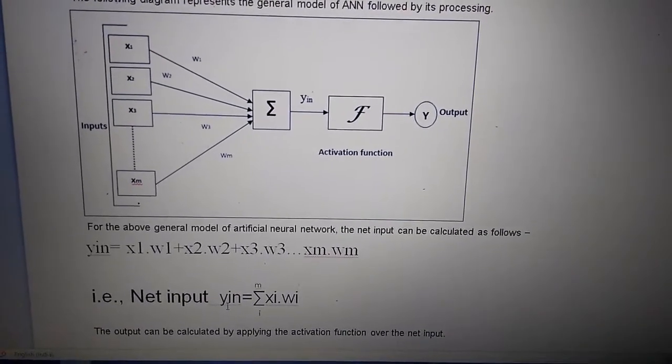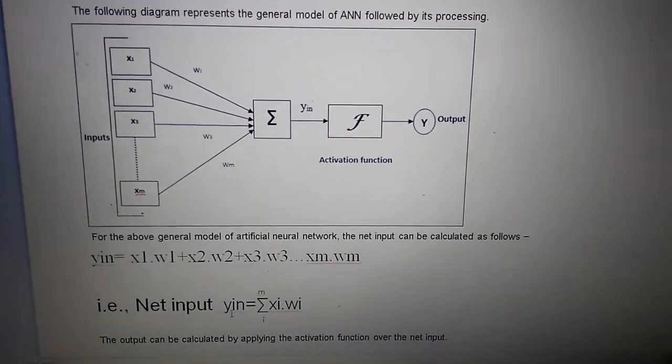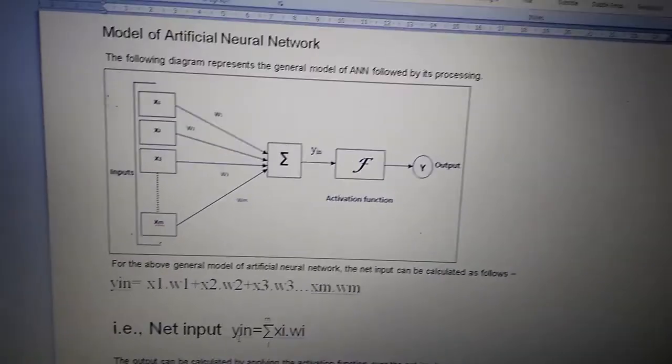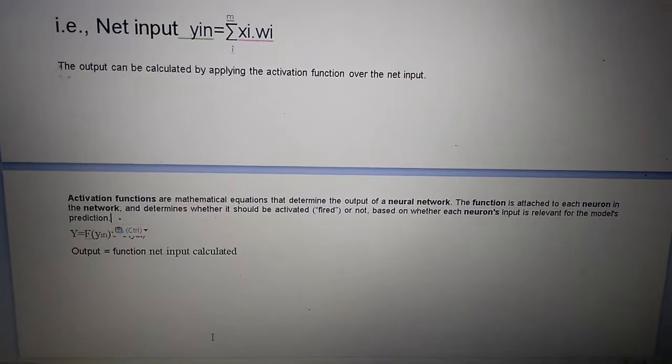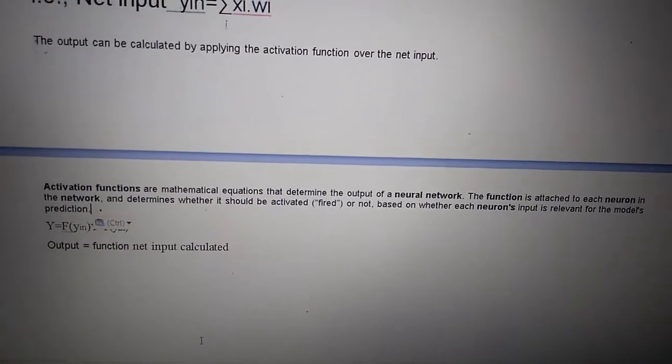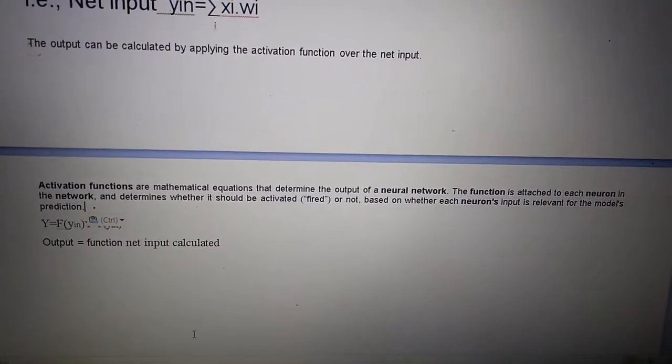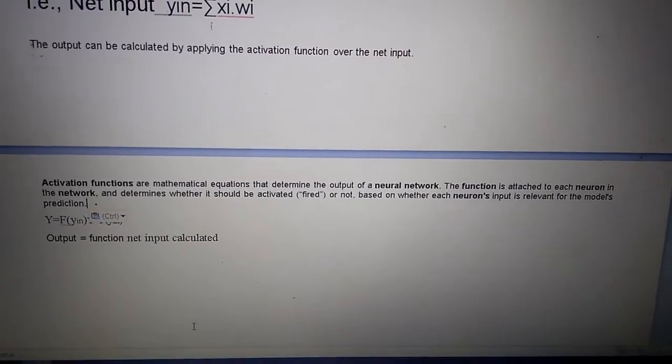The output can be calculated by applying the activation function over the net input. Now, we first discuss the meaning of the activation function. Activation functions are mathematical equations that determine the output of a neural network.